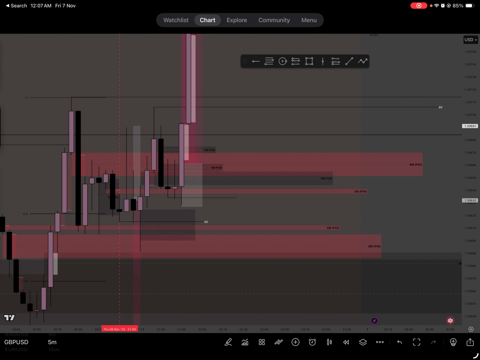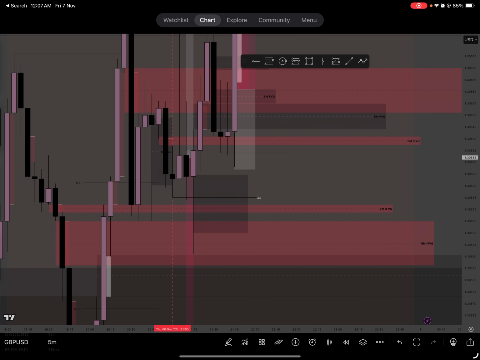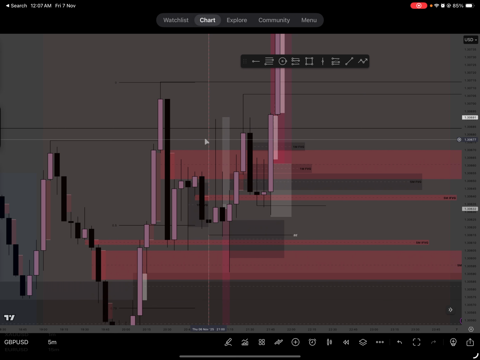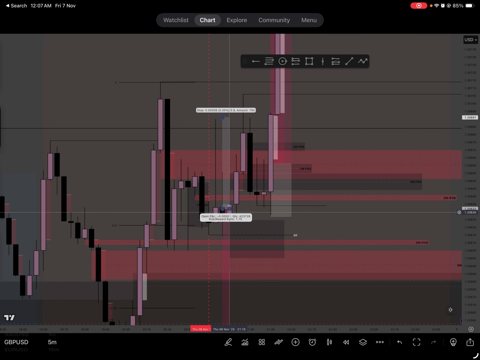So as soon as London session opened, which was on this line here, what do we see? What's the next candle that prints, right? We take out all this buy side liquidity, which is up here, right?